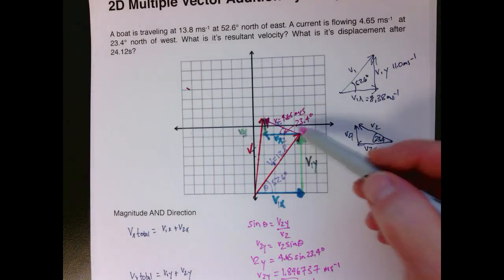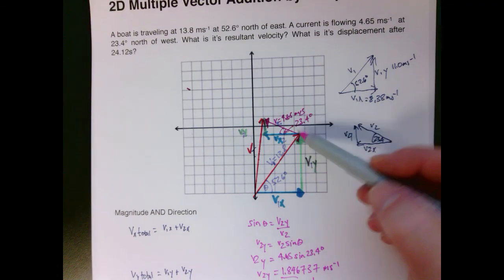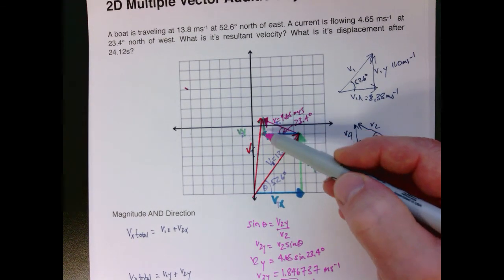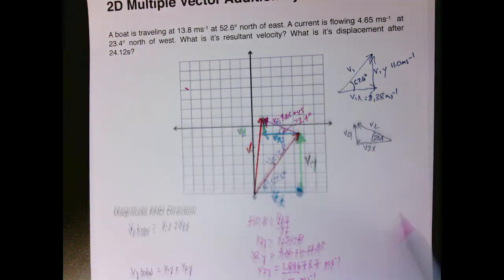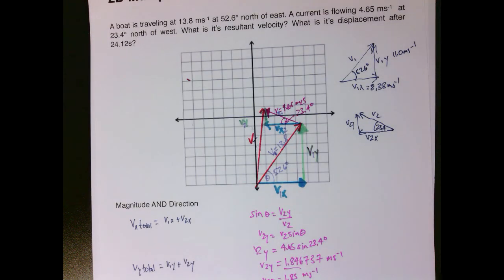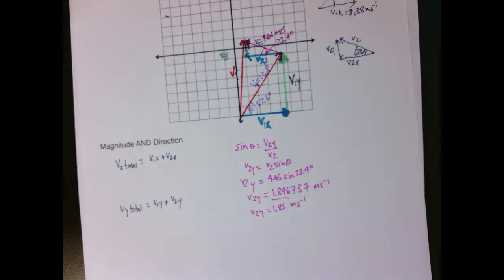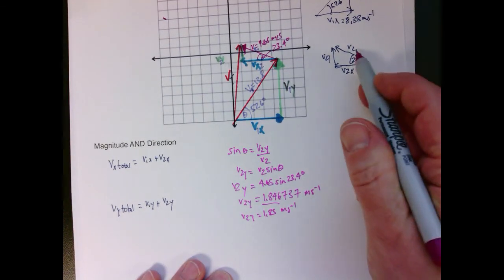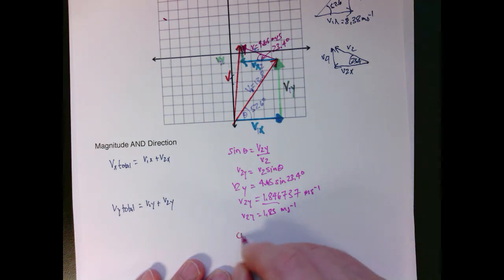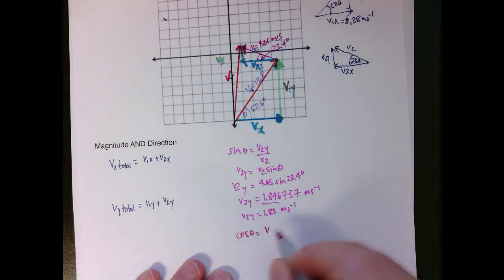Let's see if that makes sense. Yes, if this is 4, the answer must be smaller than 4, and it's a shallow angle, so we'd expect it to be a lot smaller than 4. Now we'll do the x, cosine of this triangle, adjacent over hypotenuse. So cosine theta is v2x over v2, and v2x then is v2 cosine theta.